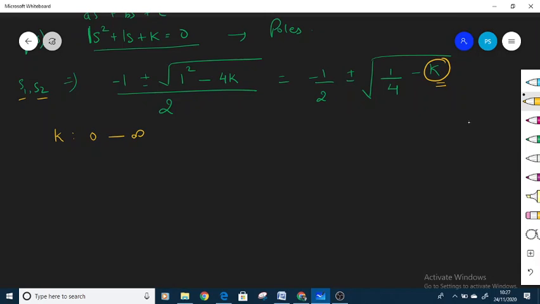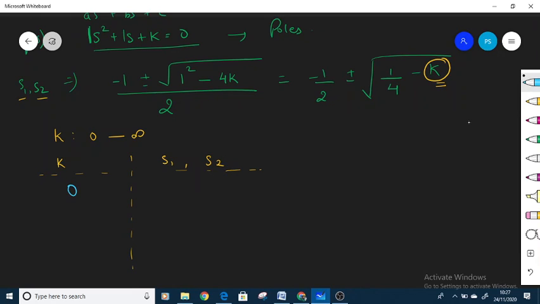First of all, I'll make a table over here. I have the value of k and I need to find the values of S1 and S2. First of all, I'll keep the value of k equal to 0.